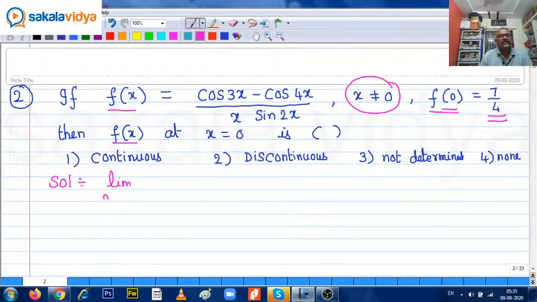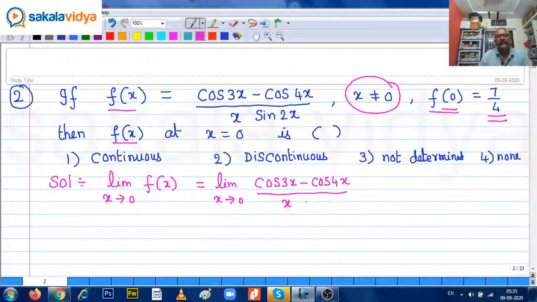Limit x tends to 0 of cos 3x minus cos 4x upon x sin 2x.